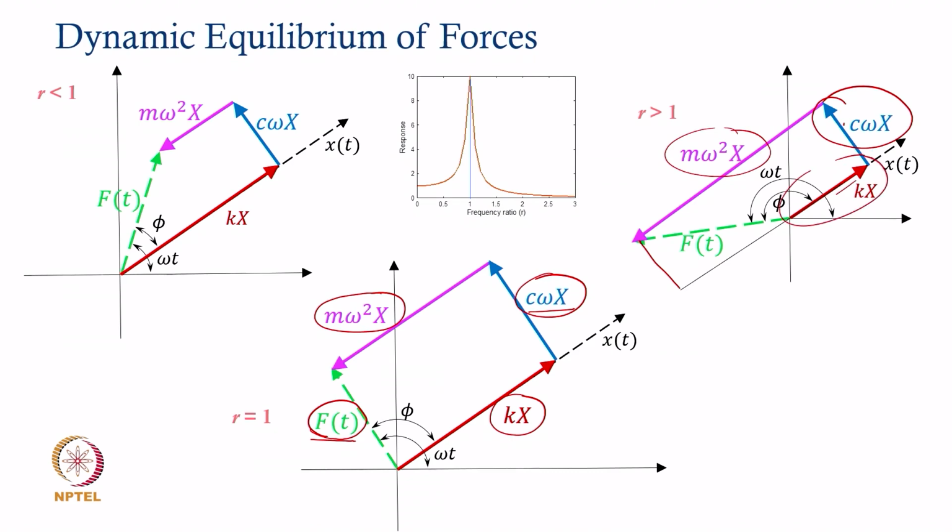Whereas at resonance, the only force that counters it is the damping, dissipating force. So, a small amount of dissipating force is going to be very useful at the resonance. That is basically your condition of resonance.